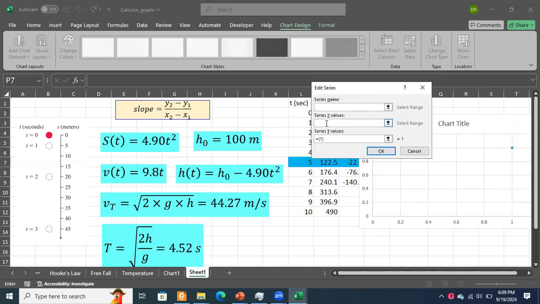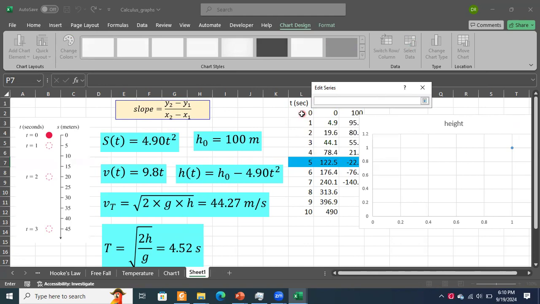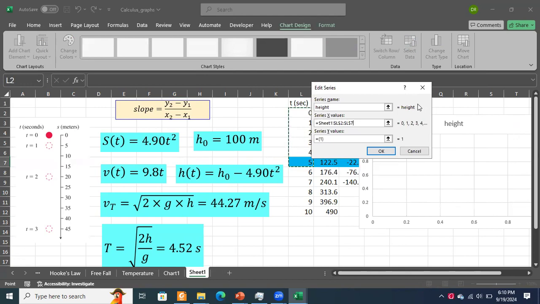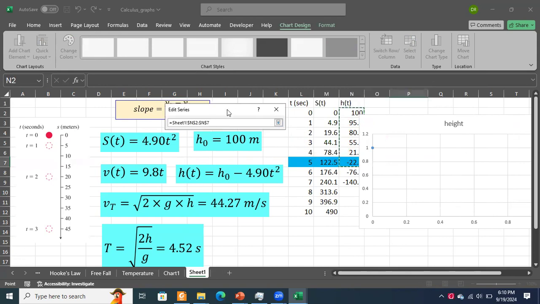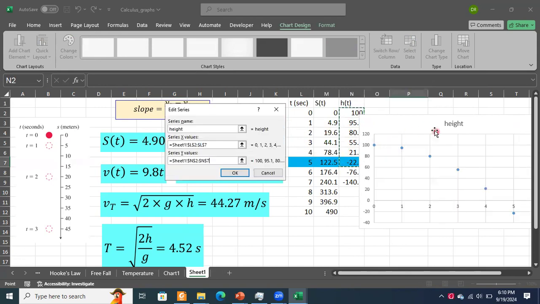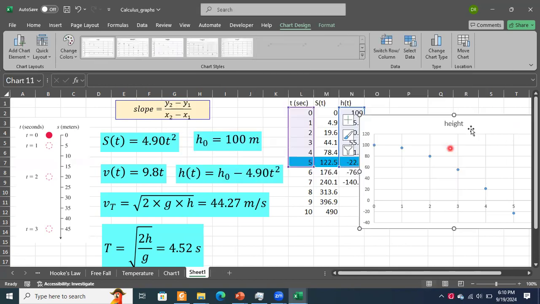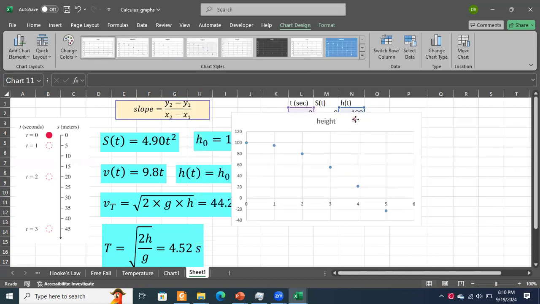So add a series, and this is for displacement or height. The abscissa values are the time values, and the displacement values are to be plotted on the vertical axis. So we have got the scattered plot of the free fall problem.